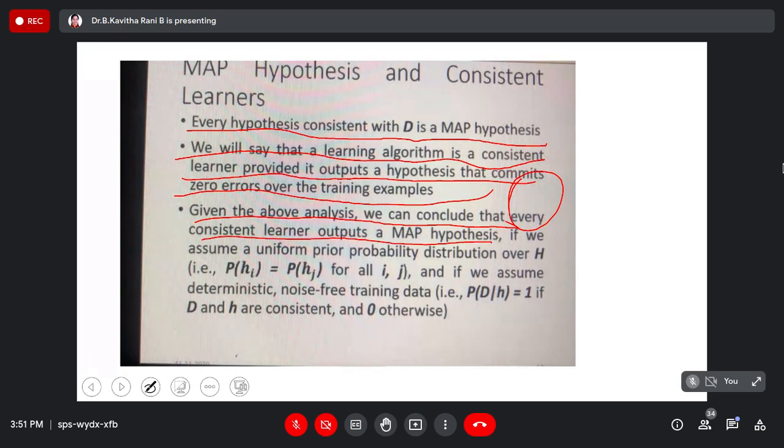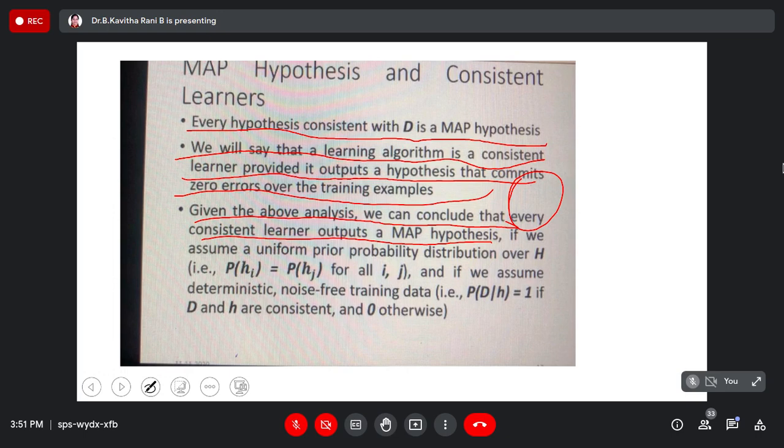When we take a neural network algorithm, a decision tree algorithm, a candidate elimination algorithm, if it identifies the MAP hypothesis, the best hypothesis, then we say that the learner is a consistent learner.